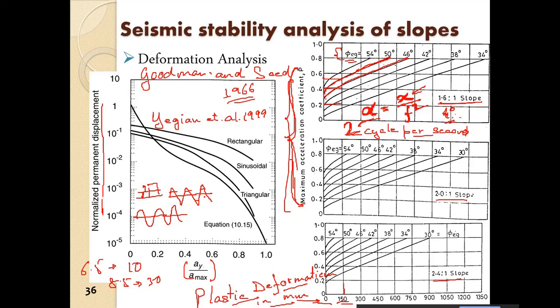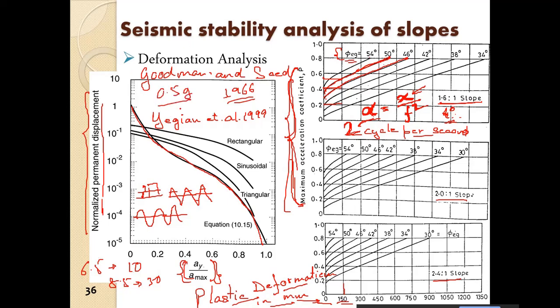All right. So uphill displacements are mostly ignored, and only downhill displacements are considered. Ultimately, they obtained a normalized curve for different AY by Amax values and the normalized displacement. Normalization is done considering a peak acceleration of 0.5 g.